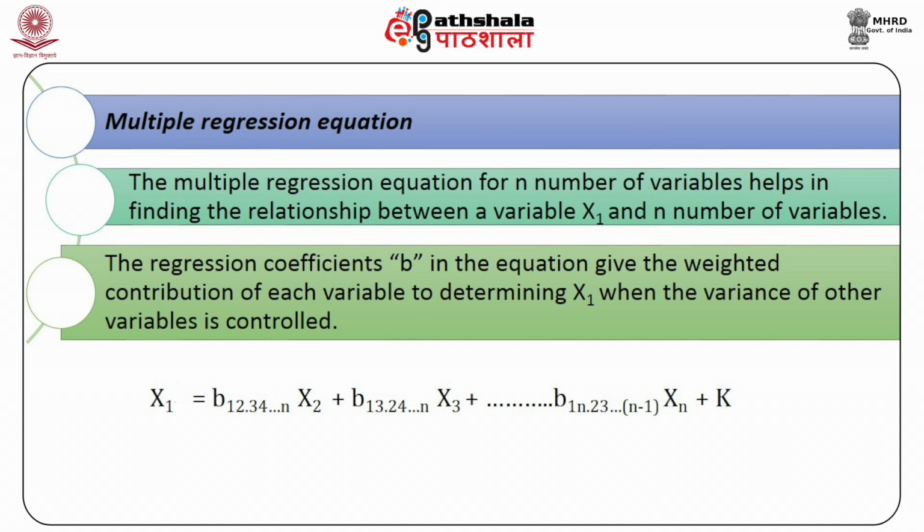The regression coefficients b in the equation give the weighted contribution of each variable to determining x1 when the variance of other variables is controlled. x1 is equal to b12.34 till n into x2 plus b13.24 till n into x3 plus, and this goes on till the last variable, which is b1n.23 till n minus 1 into xn plus k.